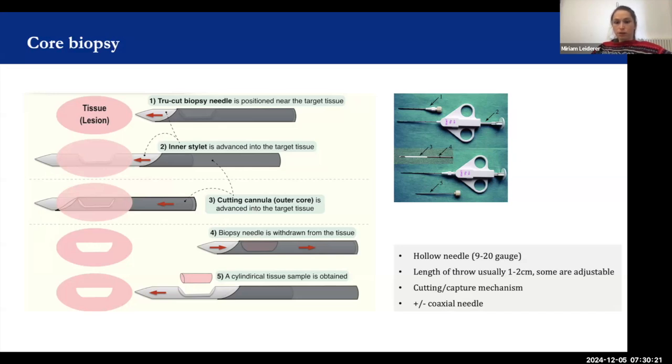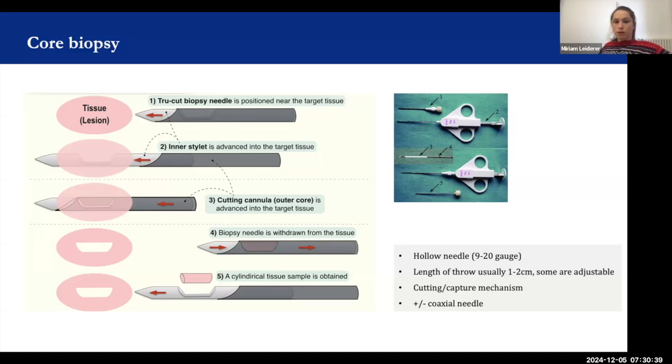You can use that with or without a coaxial needle. A coaxial needle is basically just a needle that you advance first. The inner stylet of the coaxial needle has the same diameter as the outer diameter of the biopsy needle.